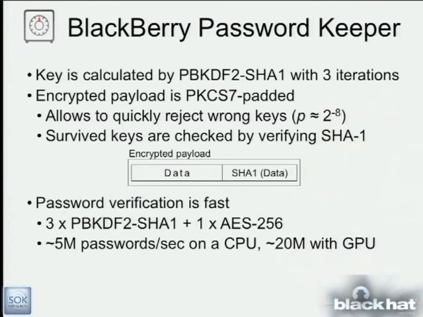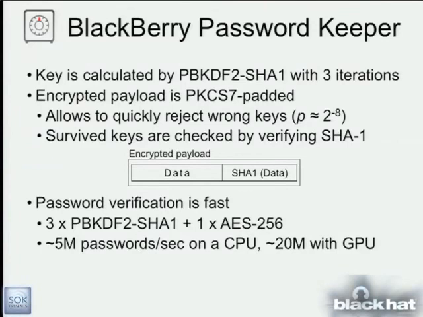So BlackBerry Password Keeper, well, if you know a little about password cracking, you probably know that 3 iterations of PBKDF is not much, and that the password recovery will be very, very fast. In this case, we have 3 iterations of the password-based key derivation function with the SHA-1 hash.